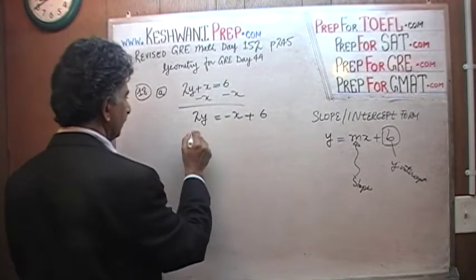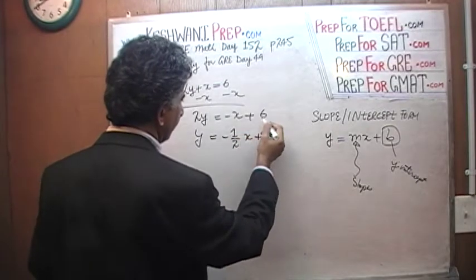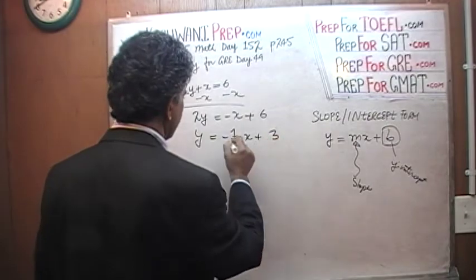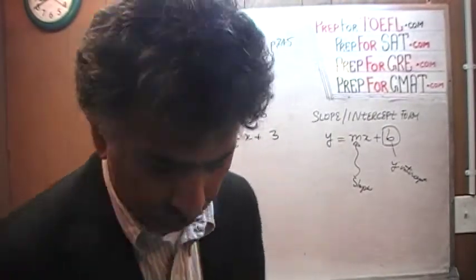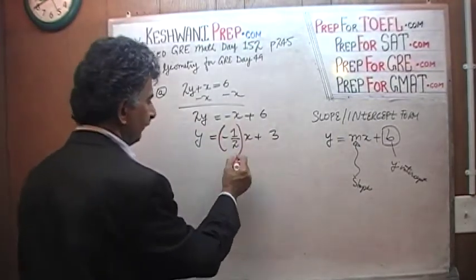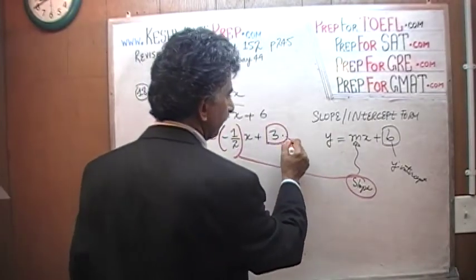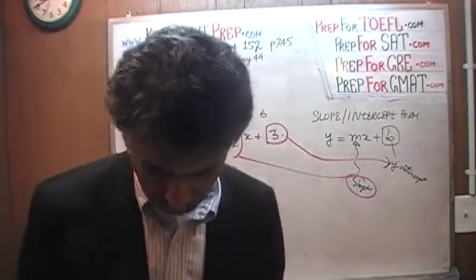Divide both sides by 2, and y equals negative 1/2 x plus 6 divided by 2, which of course is 3. That's it, we're done. So therefore the slope is negative 1/2, that's your slope, and the y-intercept is 3. That's all there was.